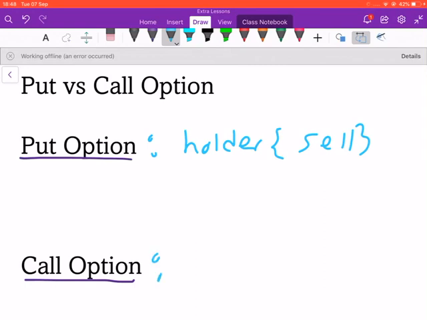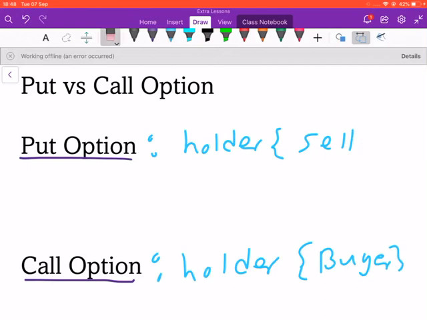And a call option will give the holder of the contract the right to buy the underlying, but not the obligation to buy it, right? And obviously these two parties will want to make the decision based on what works for them, right?